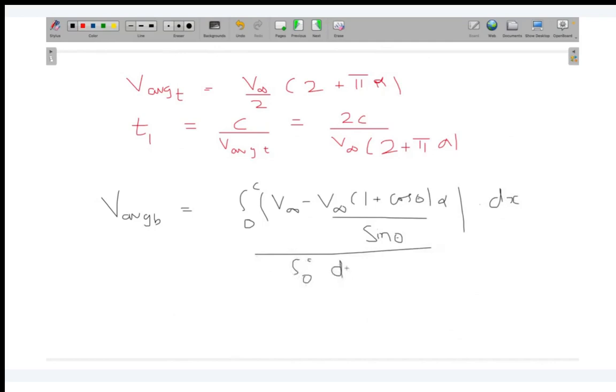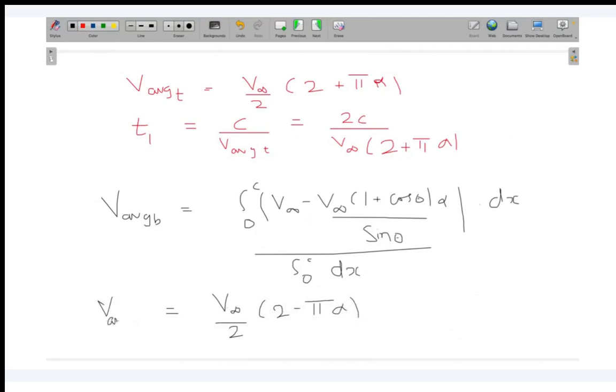You do this integration just similar to what we did before. Since we don't have a lot of time in the session, I'm just going to give the answer. It's very straightforward. You guys can try it out. So it'll be v infinity by 2 into 2 minus pi alpha. All right. So this is the average velocity at the bottom.